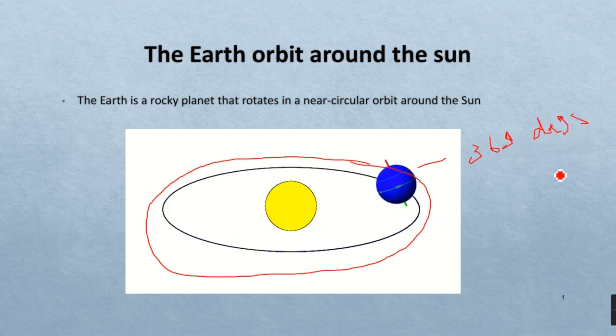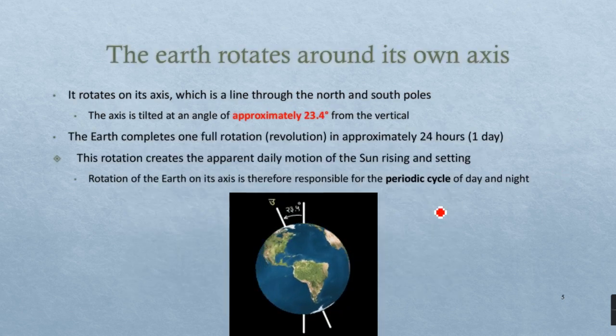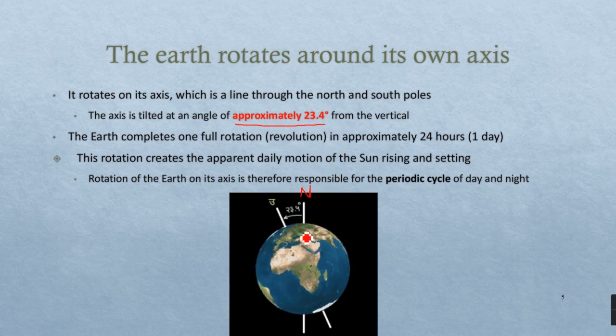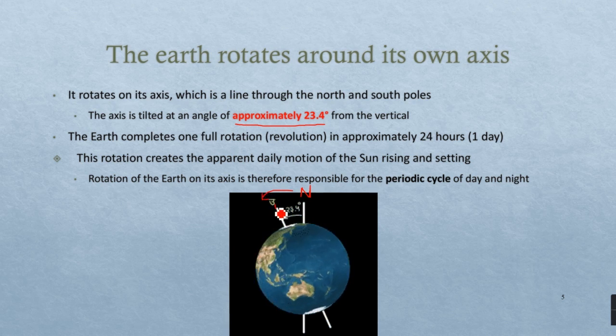There's another thing we need to discuss when we talk about Earth, which is the Earth axis. Okay, so there is an Earth axis, and the axis is tilted at an angle of approximately 23.4 degrees from the vertical. So if we look at the north, you can see that the axis is tilted 23.4 degrees from the north.